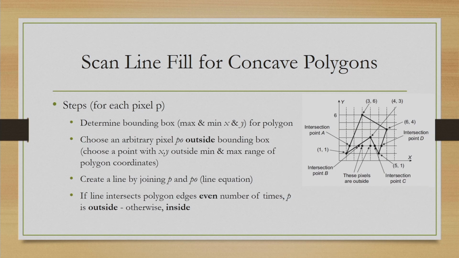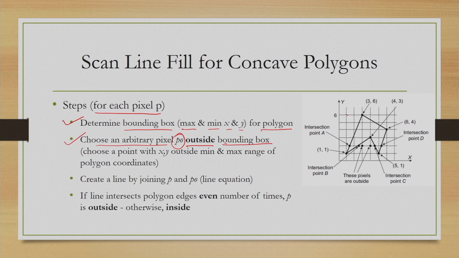And how can we do that? For each pixel p, we determine the bounding box of the polygon, that is the maximum and minimum x and y values of the polygon vertices. This is the first step. Then in the second step, we choose an arbitrary pixel, let us denote it by p0, outside the bounding box.